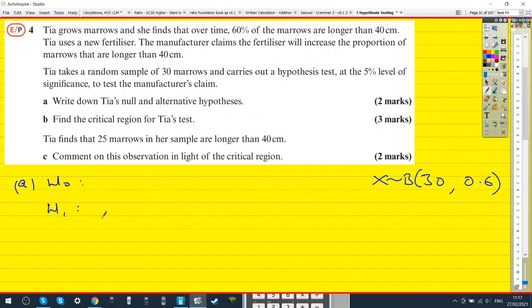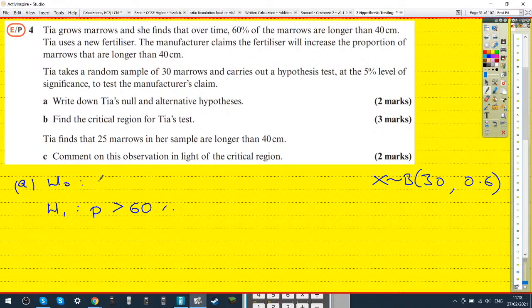So the alternative hypothesis would be the probability of getting a marrow that's longer than 40 centimeters would increase. So that would be, probability would be greater than 60%. Okay. Null hypothesis?